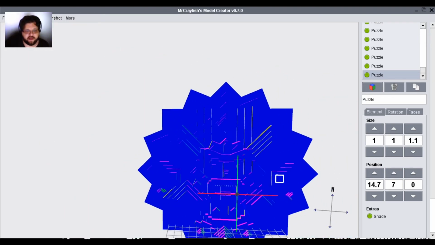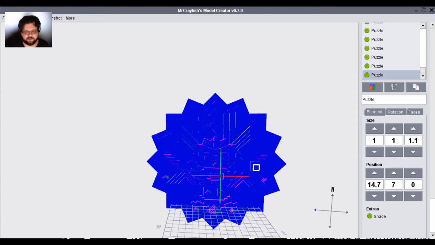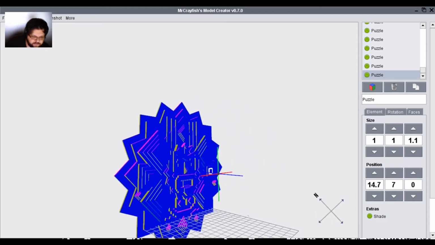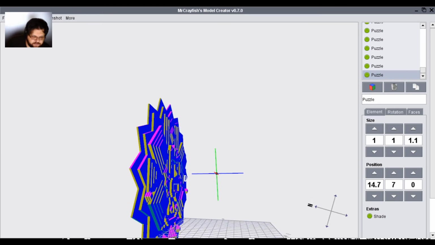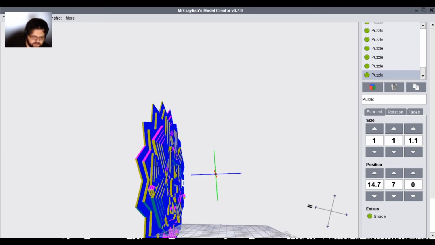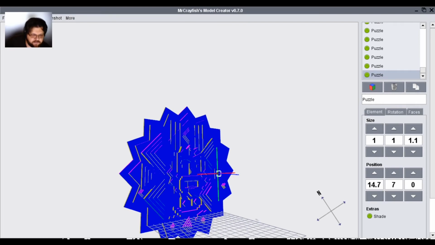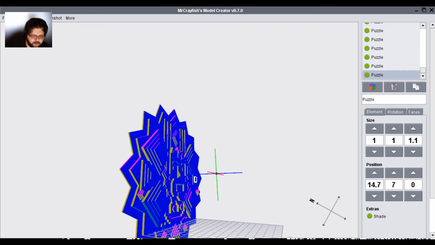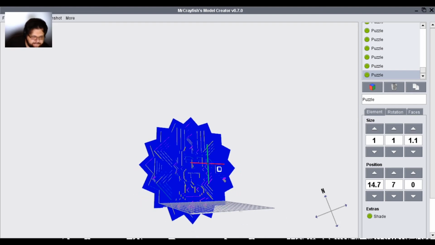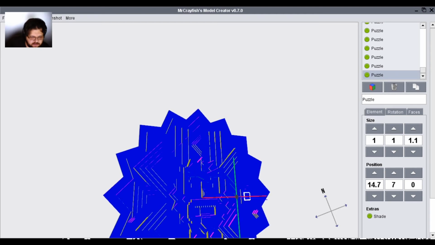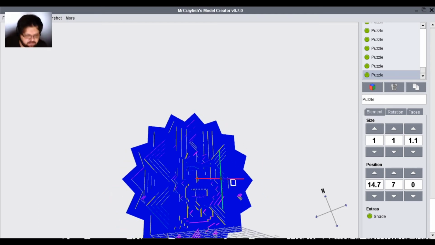Let's see, do we have 1, 2, 3, 4? I could put squares, a square pyramid here on those ends, and then 1, 2, 3, and then a line on those ends. Yeah, I'll do that.